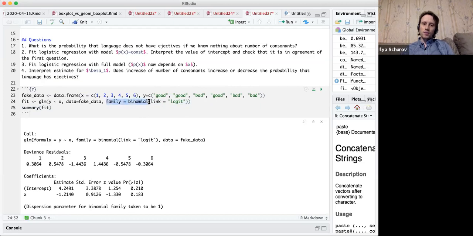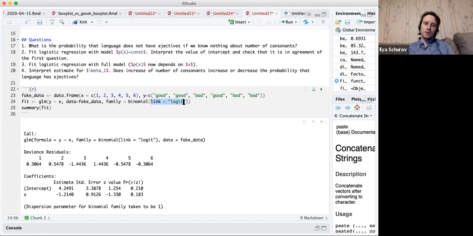This binomial family means that we assume that our value y is like a result of coin tossing. In this case, we have only 1 or 0, but it is possible to use these linear models when you have, for example, numerical outcomes, numerical y, that have to be interpreted as the result of coin tossing. This is what binomial means.